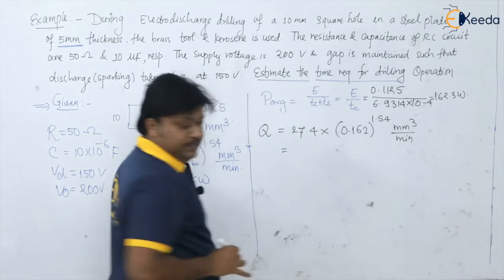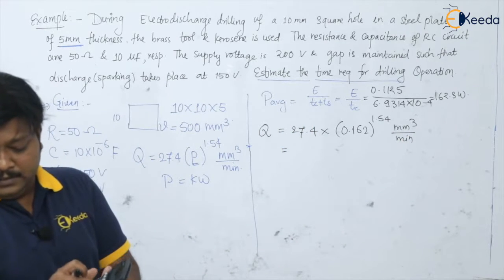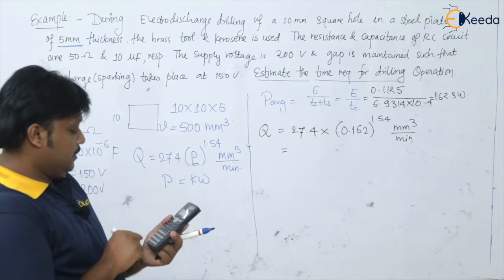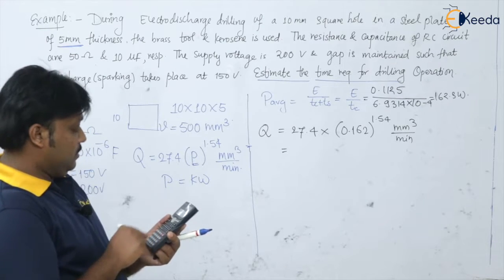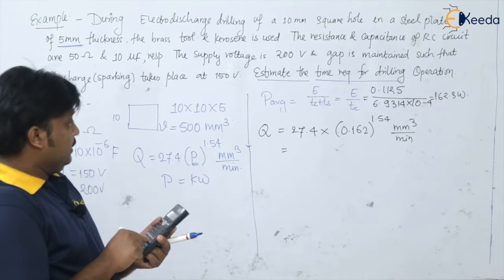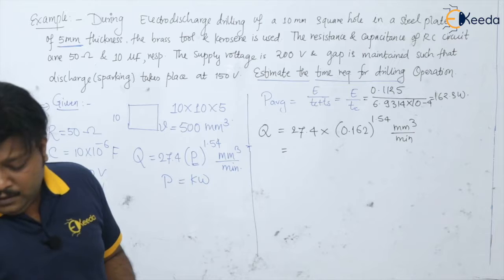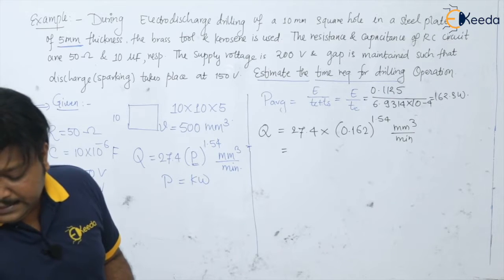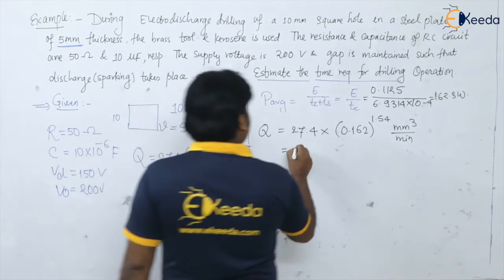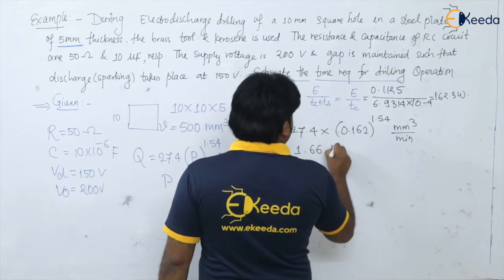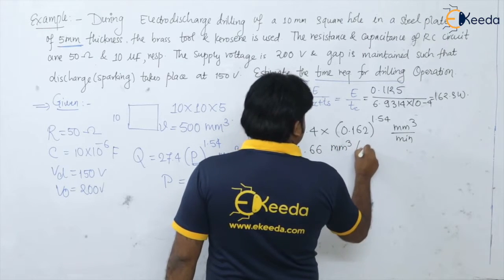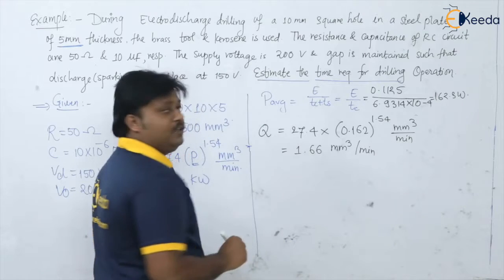So if I calculate this Q, 0.162 to the power 1.54 into 27.4, it will be 1.66 mm cube per minute. So this is the MRR you got here.